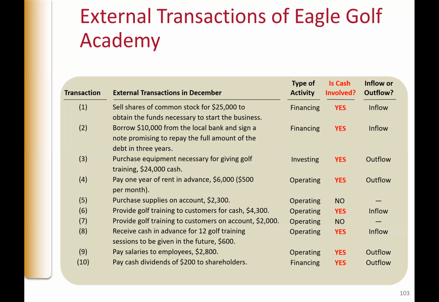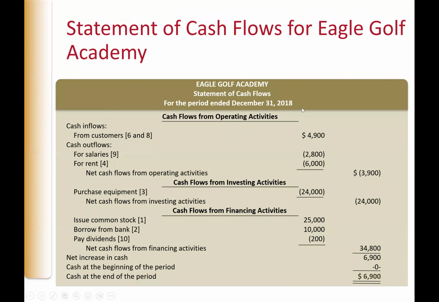The 4,300 and the 600 would show here for 4,900. Cash outflows for salaries, 2,800, for rent, 6,000, would be our transactions involving operating activities, total of 3,900.